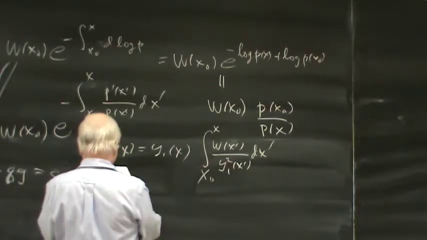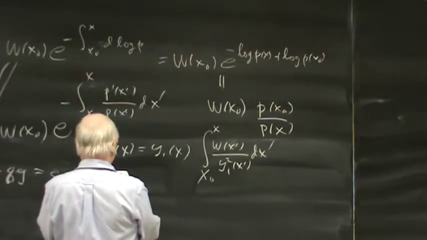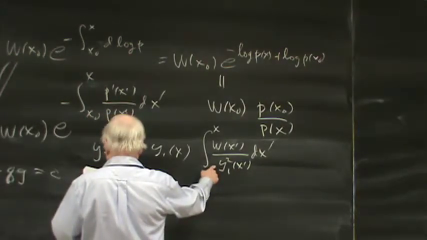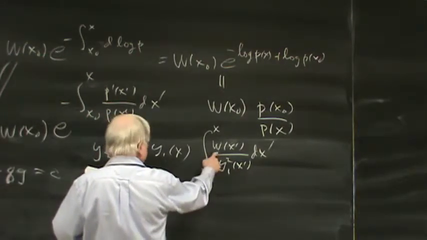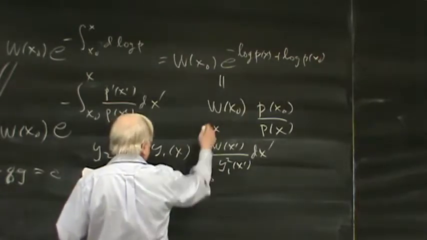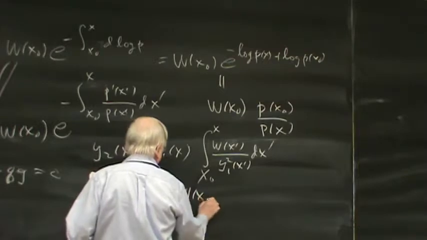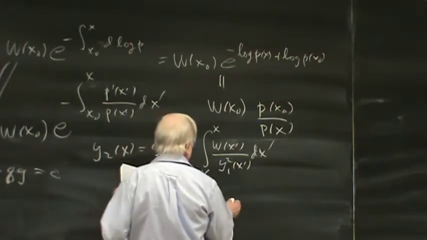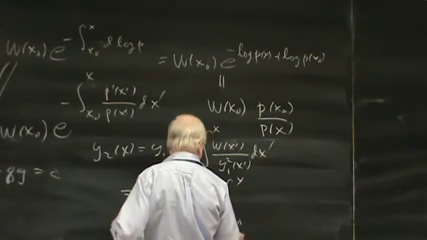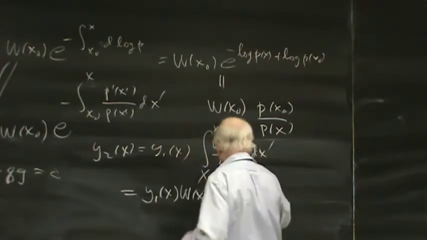No, that's right, okay. So, because the Wronskian is simple, what we have here is W of x0 integral from x0 to x, and I should have pulled out a p of x0. Let me do that too.